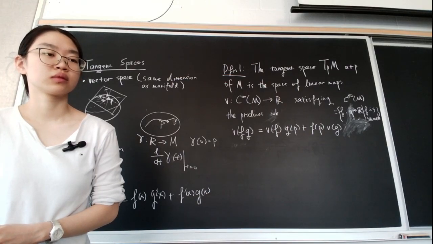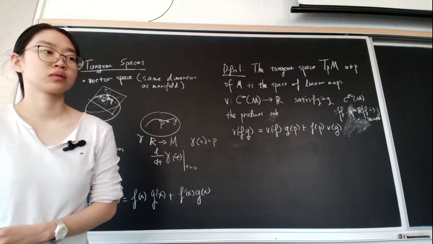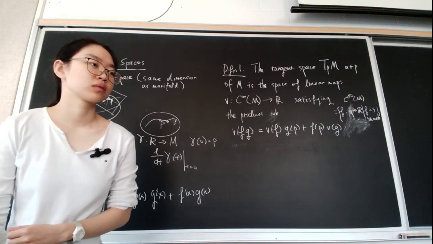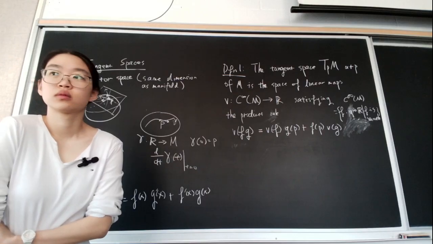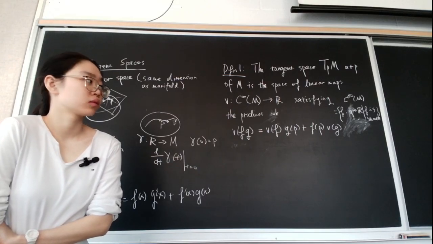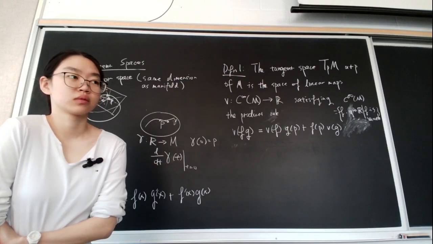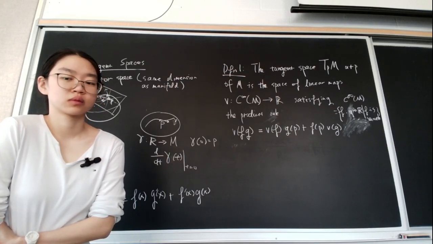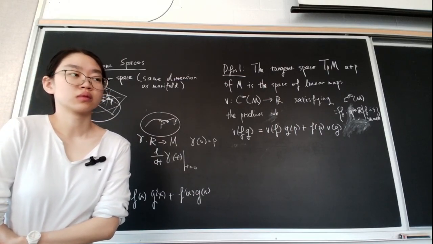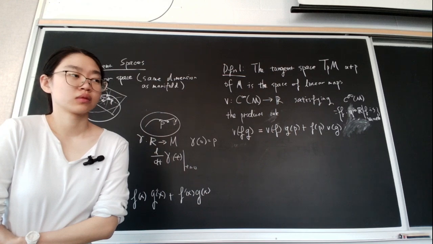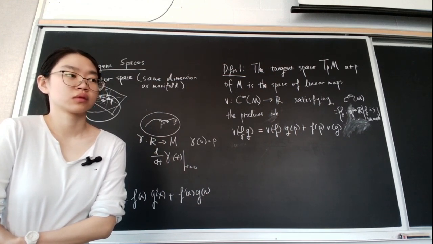If I take a derivative in the direction lambda v, then the derivative I get out should be lambda times the derivative along v. You mean d/dt of f(p + tv), and you take the derivative at t equals 0. So if I put a lambda in front of the t, then I get the same derivative, but scaled by lambda.